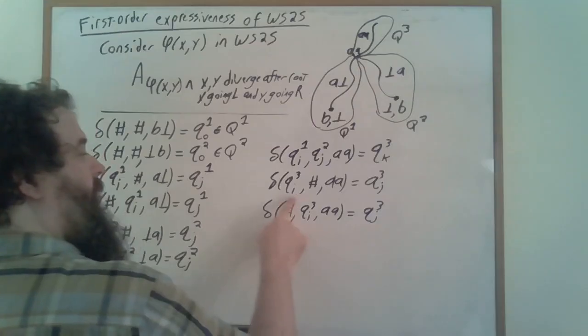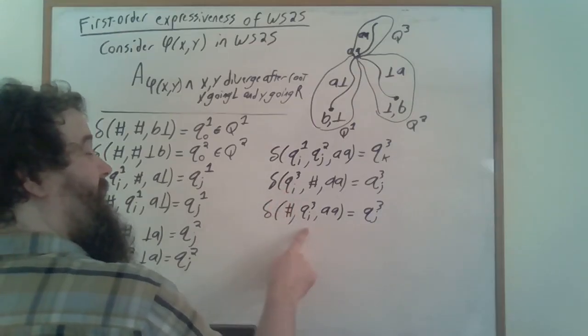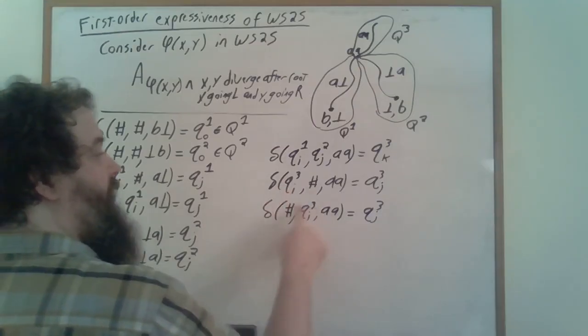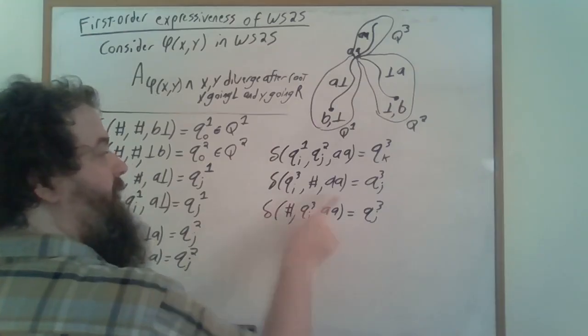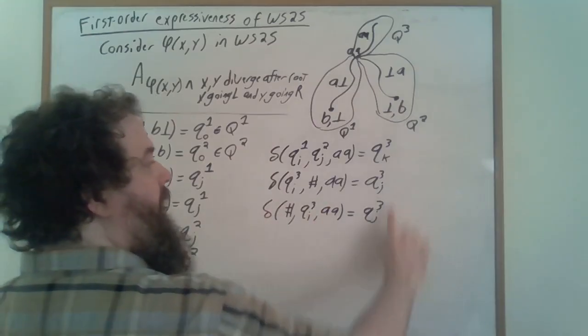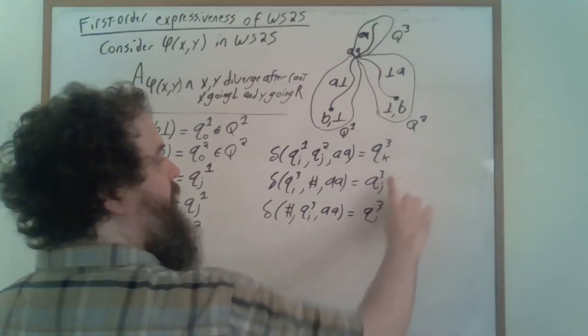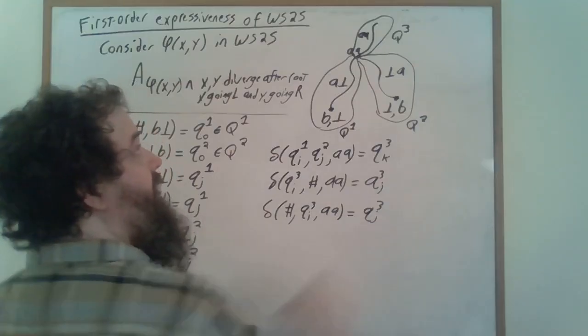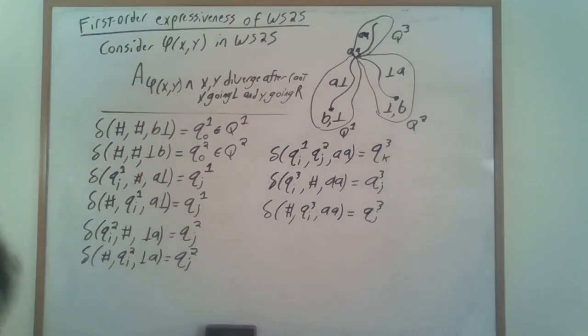And depending on which state gets associated to that child, and whether it's a left child or a right child, the transition function will tell us some state in Q3 to associate to that node. And then we'll work our way all the way up until we get to the root, and then determine whether or not it's accepting or not.